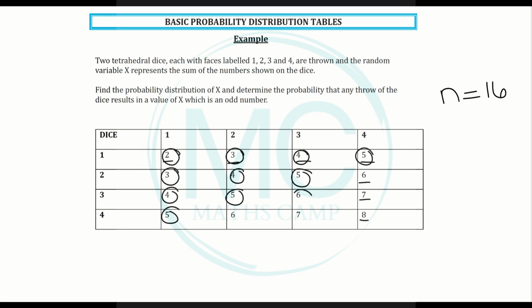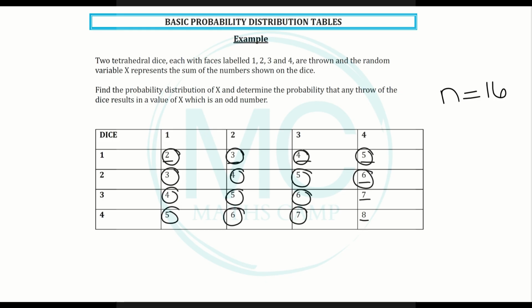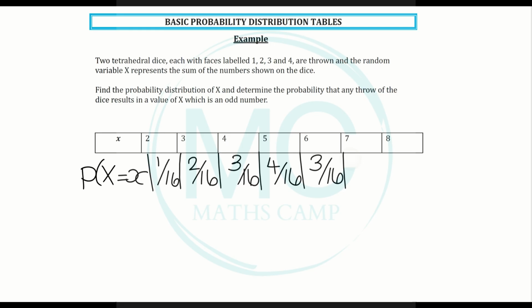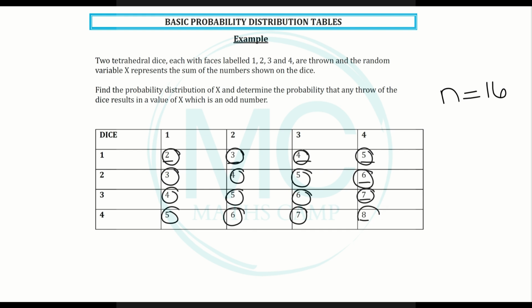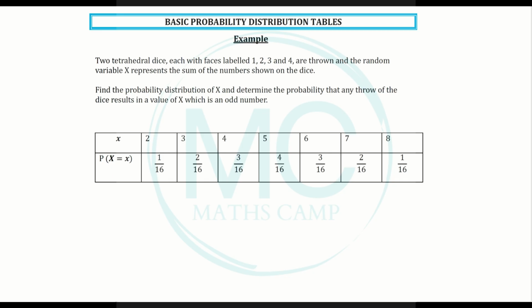Let's look for 6. 1, 2, 3. Let's fill in this. Probability of 6, 3 over 16. Almost done. We have 2 7s. So the probability of 7 is 2 over 16. And finally, we have 1 8. So the probability of 8 has to be 1 over 16. And now I can tidy up my table.